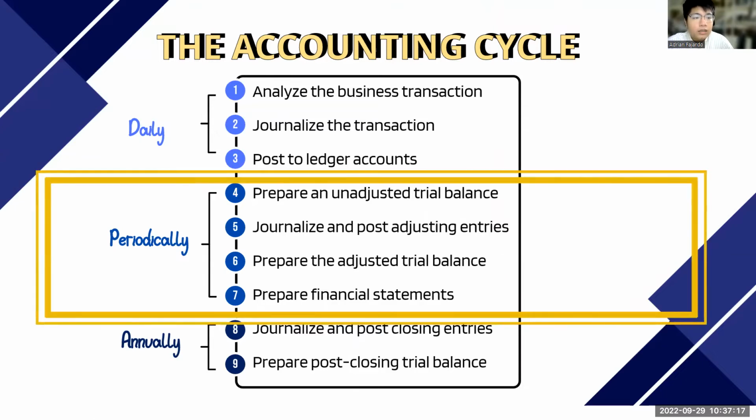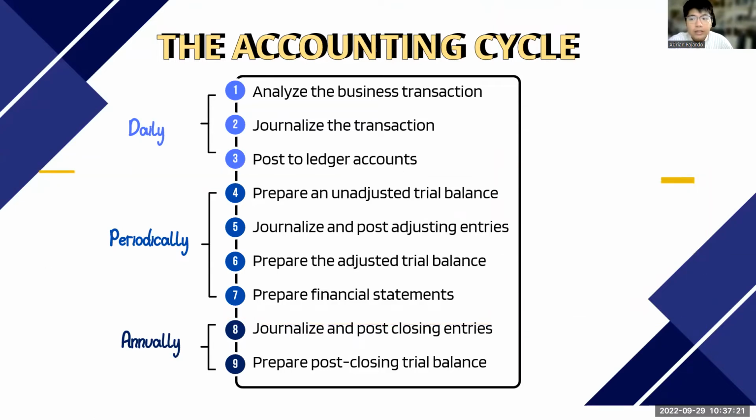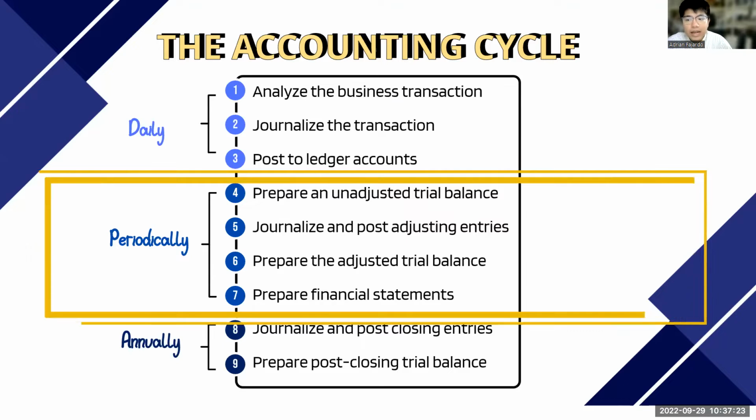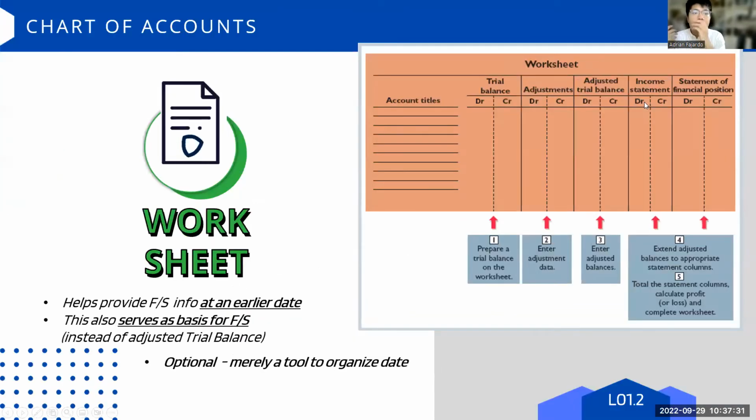So again, the worksheet helps us in our periodic steps, from preparing our unadjusted trial balance all the way to creating our financial statements. We know that in our arsenal, we have the worksheet to help us provide the financial statement info at an earlier date.